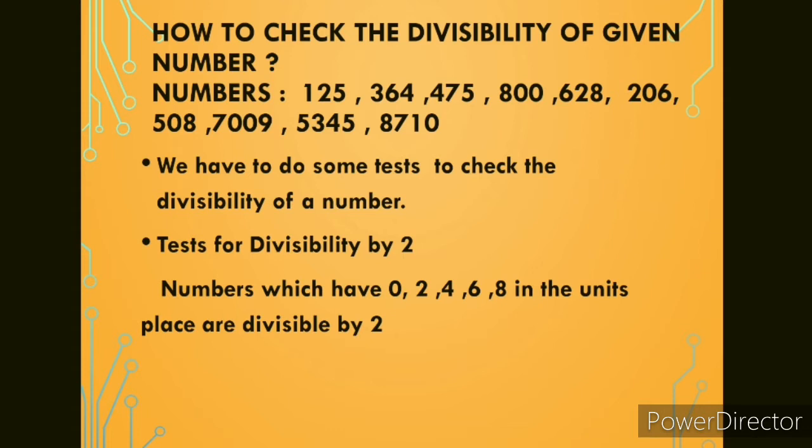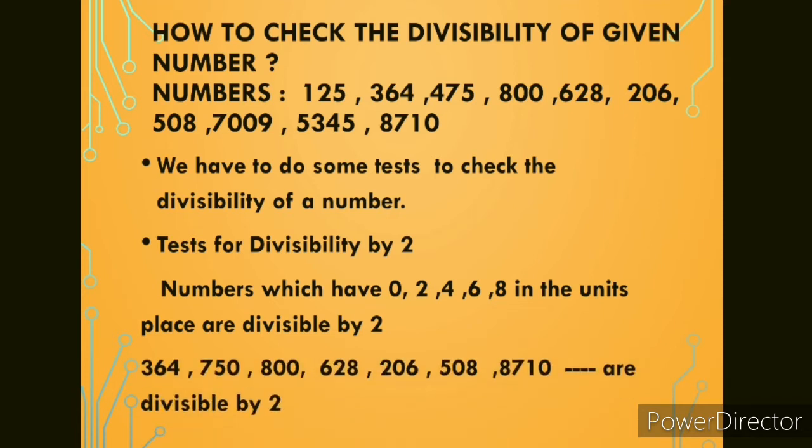Those numbers are divisible by 2. Do write in the comment section which numbers are divisible by 2 if you have followed this. It's very easy to find out. Whenever the units place has 0, 2, 4, 6, 8, then the number is divisible by 2.